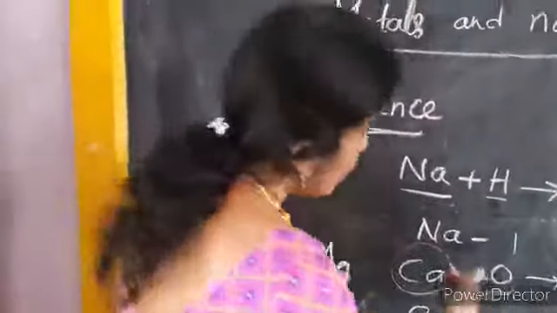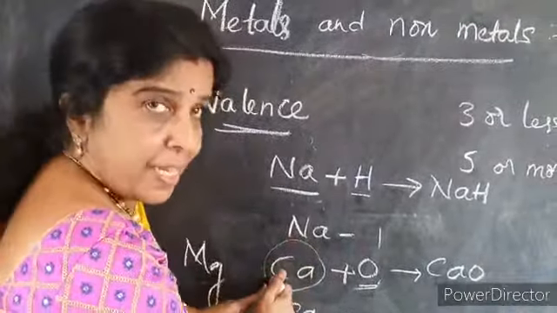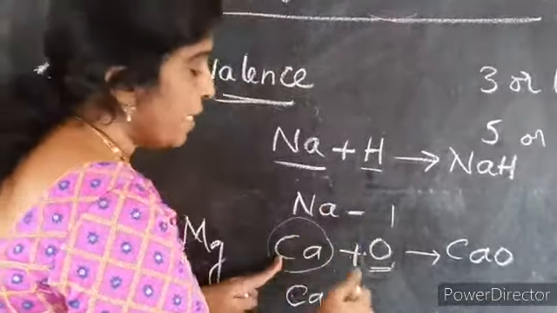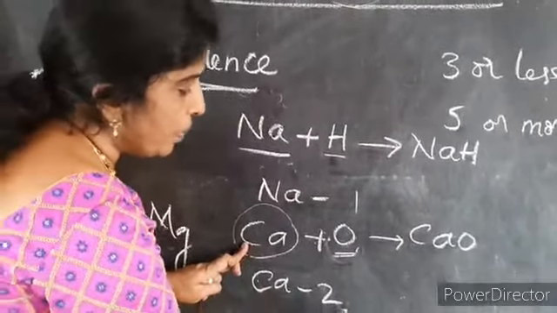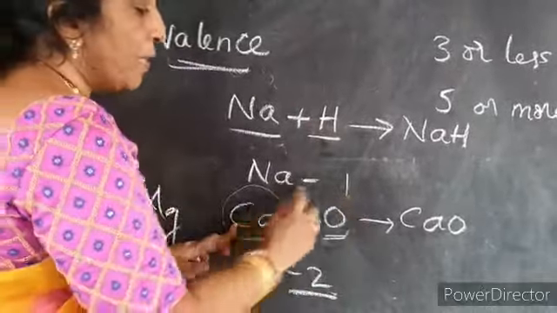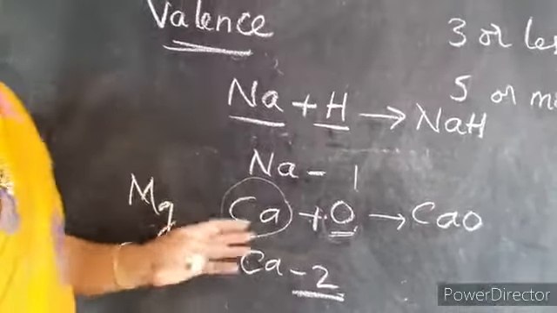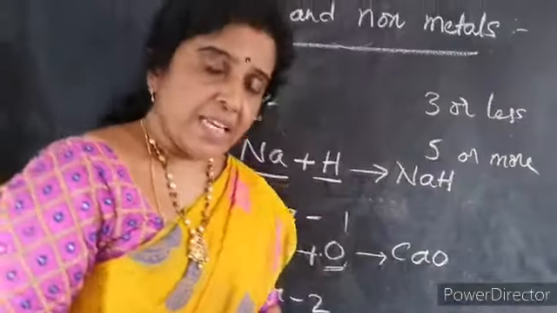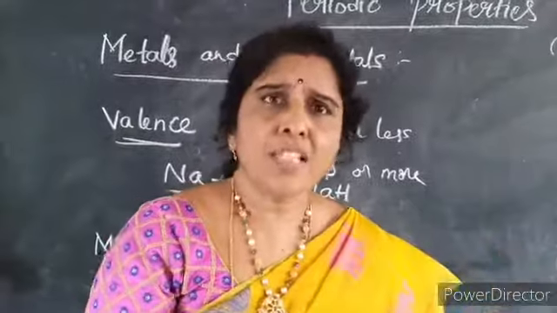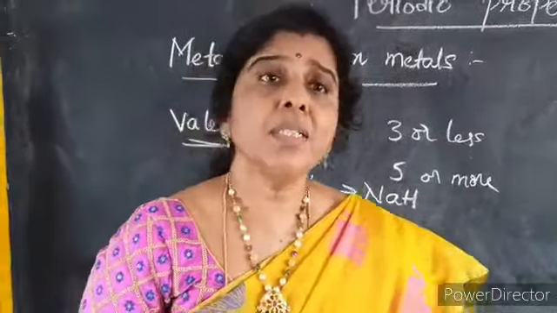MgO is formed. So when the atom of one element combines with one oxygen atom, the valency of that particular atom will be 2. With respect to hydrogen it is only 1, but with oxygen we have to take it as 2. So this is one way of calculating the valency, and oxidation number is a newer concept which replaces this valence concept in modern literature.